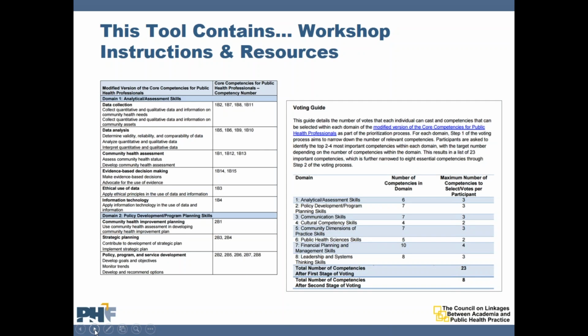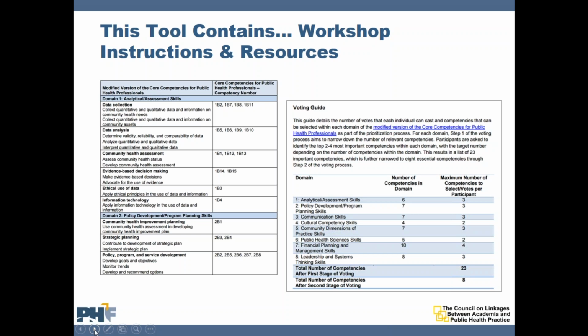In terms of some of the specifics of what you'll find in the tool online, and just as a reminder, you can download a copy of the tool from the handout section of your control panel on the side of the screen. But if you go online to look at the tool, first you'll find instructions for conducting this type of workshop, as well as a number of resources to help with that.